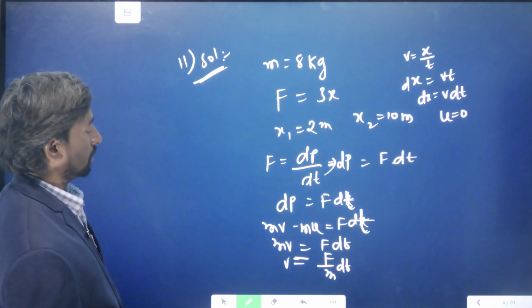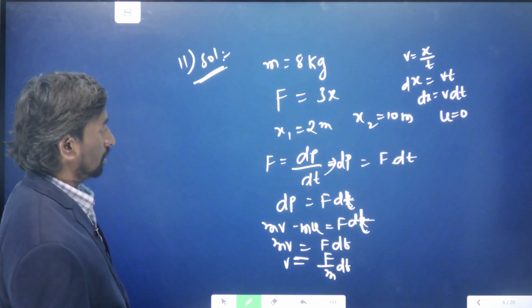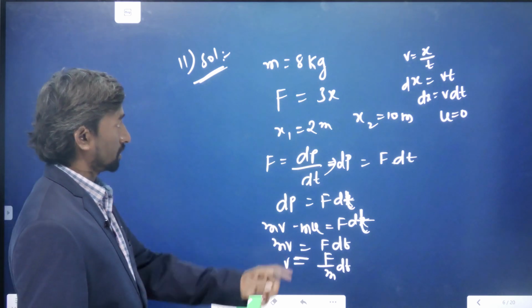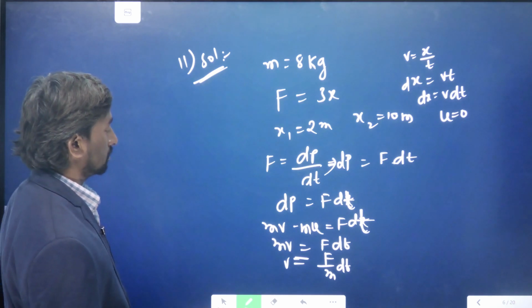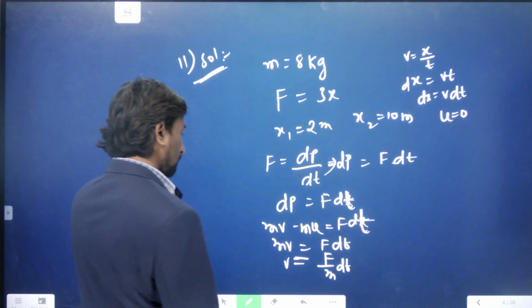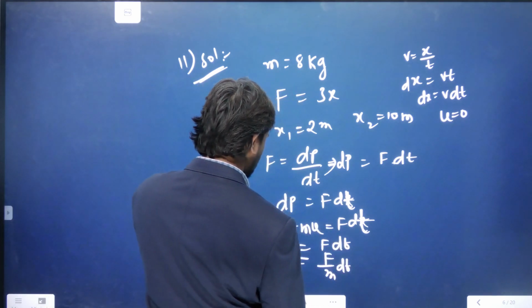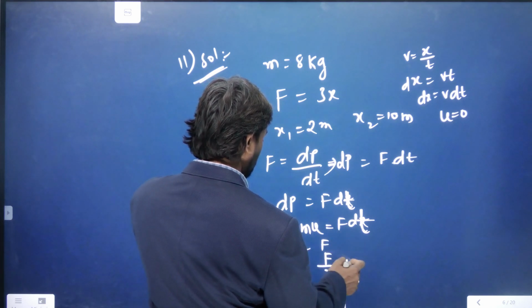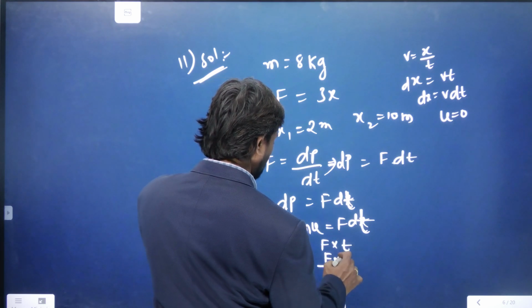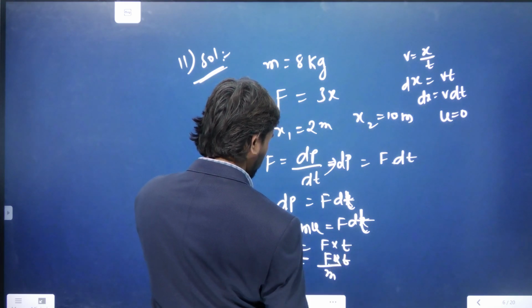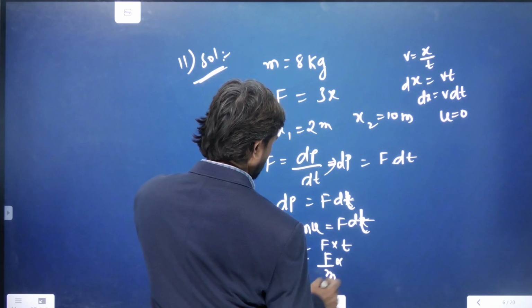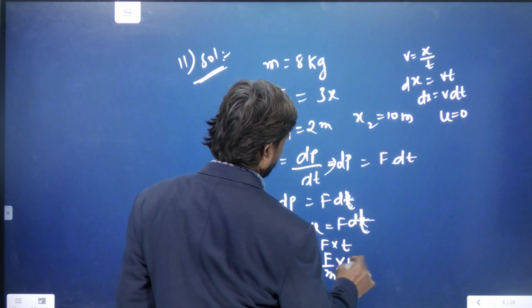So now what we have to do? We have to substitute here. If you substitute F equals 3x, we get dt. What can we write for dt here? Into t we can write.